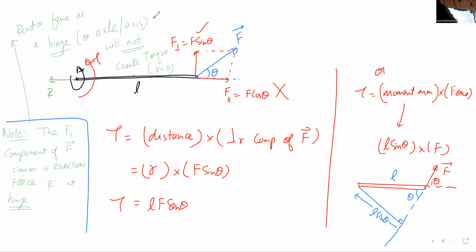So that F cos theta just gets cancelled by the reaction force at the hinge. Nothing happens because of it.